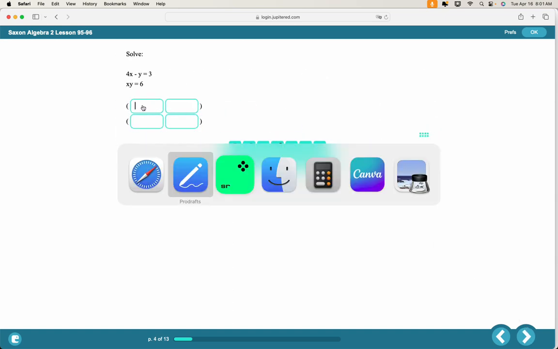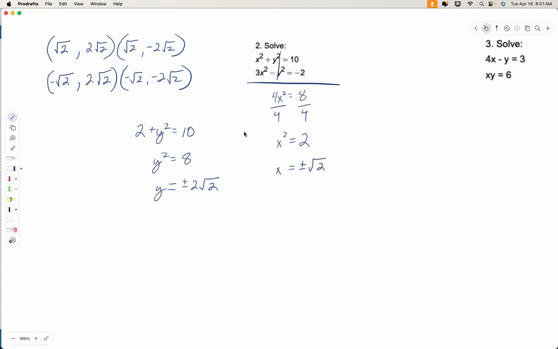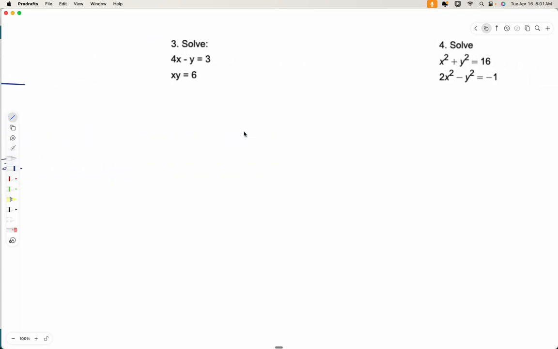All right, again, you see the parentheses? So we're only going to have 2 answers. We need to look for that format here. Let's evaluate this one. I'm going to divide both sides by y, and that's going to give me x is equal to 6 over y.